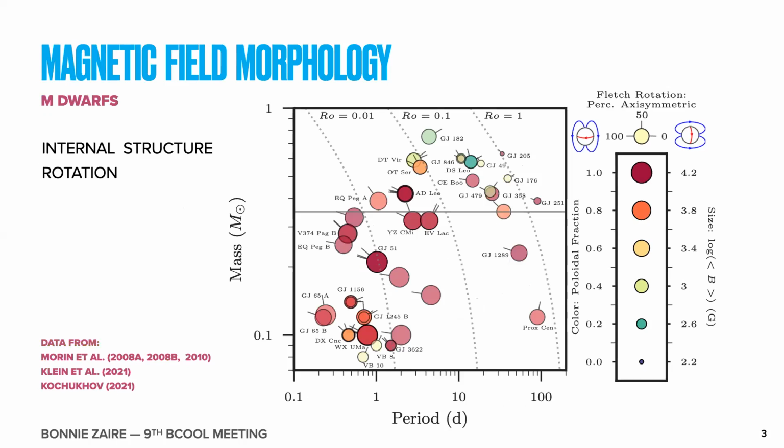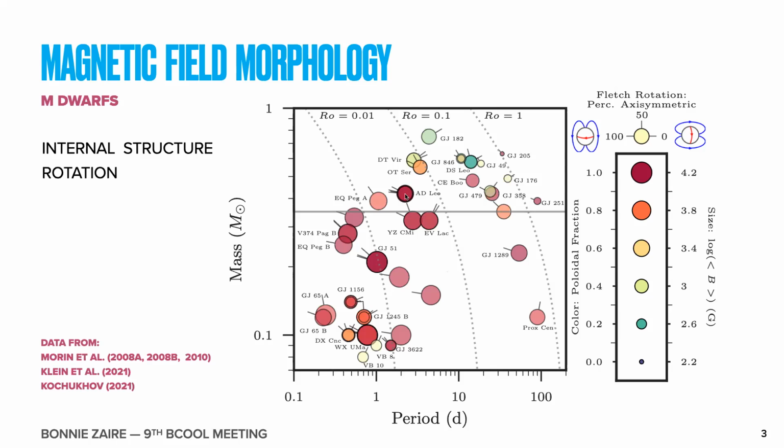We can also look at M dwarfs now. Here on the y-axis, we have the mass of the star, and on the x-axis, the rotational period. As we can see, below this gray line, which represents the fully convective regime, we have fully convective stars that tend to have more axisymmetric, strong fields, with more energy stored in the poloidal field.